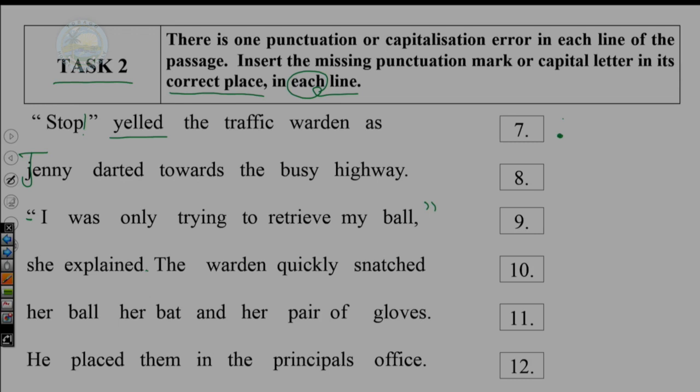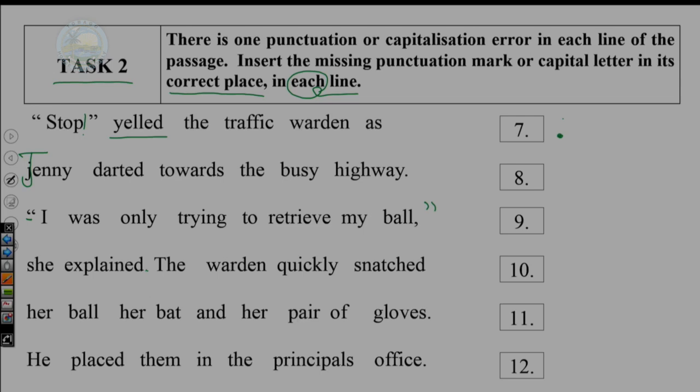Let's continue. The warden quickly snatched her ball, her bat, and her pair of gloves. Items in a list. With items in a list, we can either put a colon or we can use commas to separate them. What are we going to do? Remember what we spoke about before. We said never use colons between verbs and the objects in sentences.